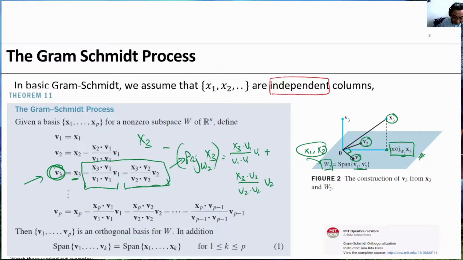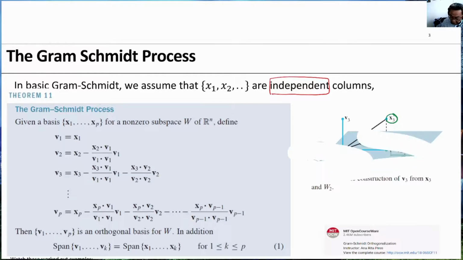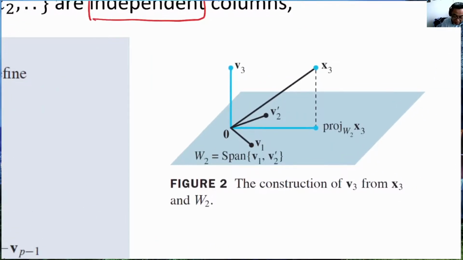The interpretation is actually more important. The calculation looks a little bit scary, but the interpretation is much easier. It basically says that to calculate the third V3, we take x3 and subtract this vector, so this vector plus V3 is equal to x3.